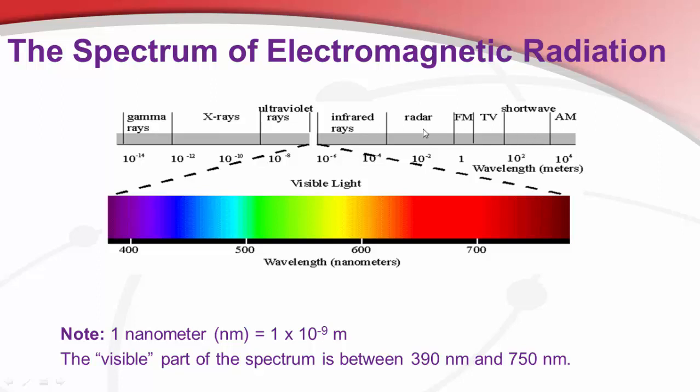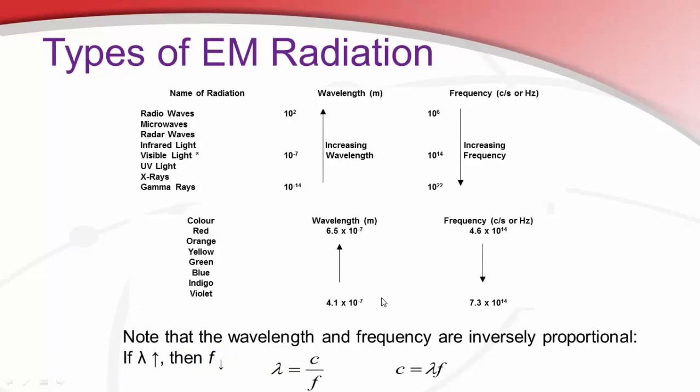So radio waves, etc., all of these things are just light at different frequencies. And light is in fact a very tiny portion of the EM spectrum.